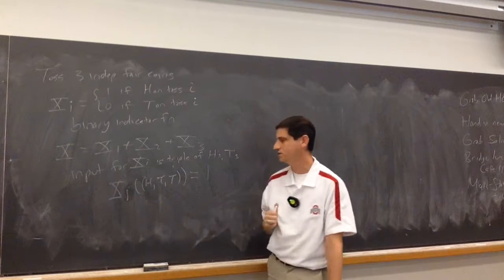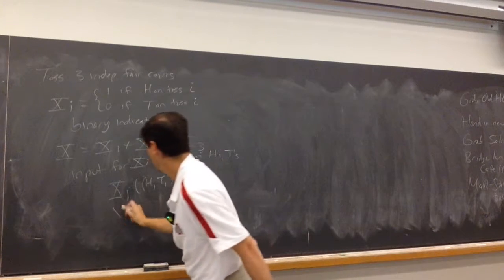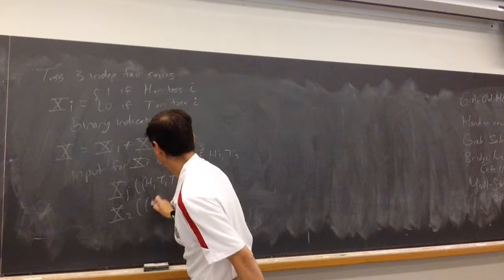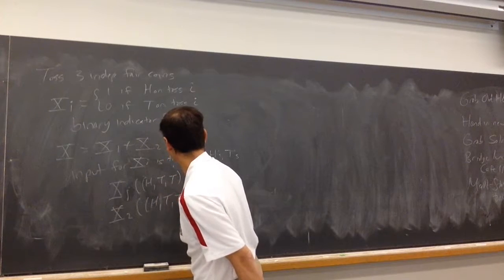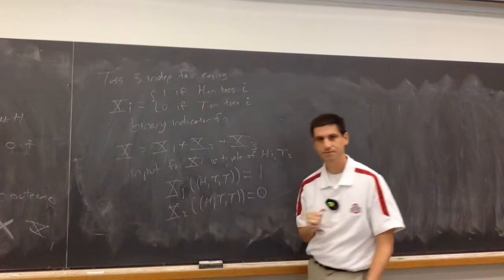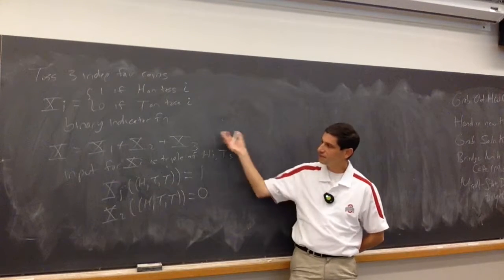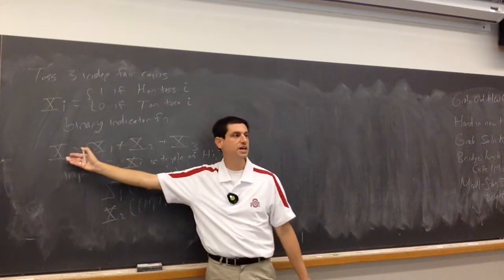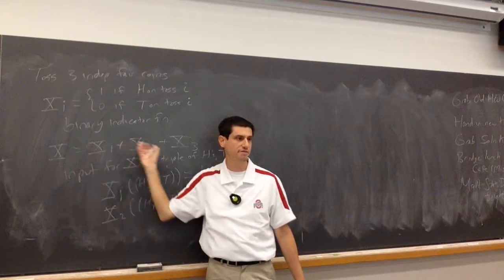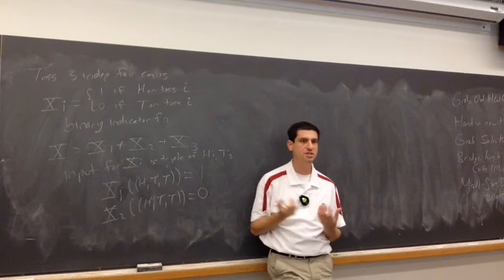The toss on the first one is a head. And if I did X2 of head, tail, tail, that would be a 0. If I define it like this, all the X's and X have the same domain of definition. It makes sense to add them. It makes sense to combine them.